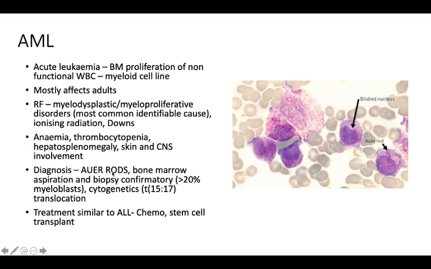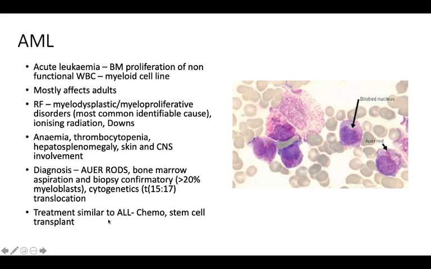Diagnosis, again: bone marrow aspiration and biopsy confirms the diagnosis. You look to see if the myeloblasts are more than 20%. Cytogenetics, you might see a translocation between chromosome 15 and 17 as well.